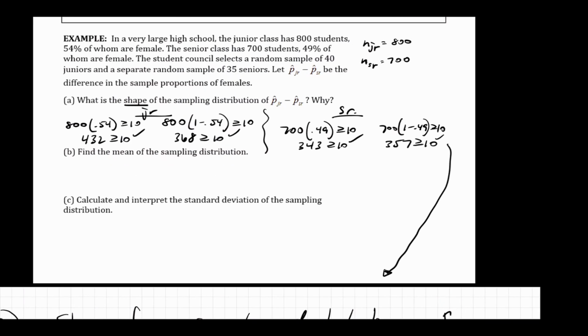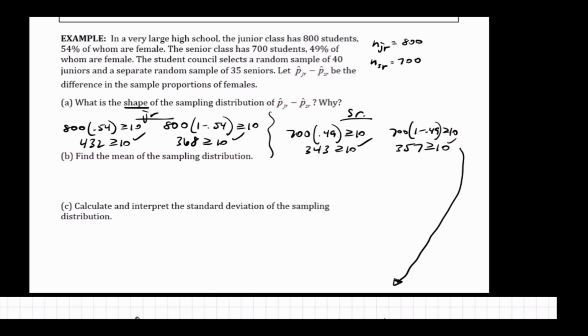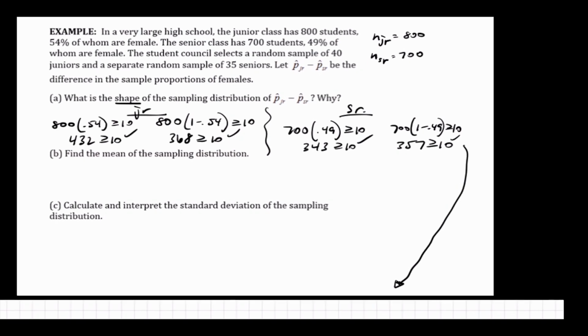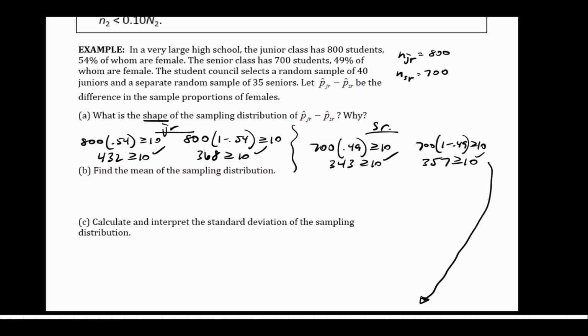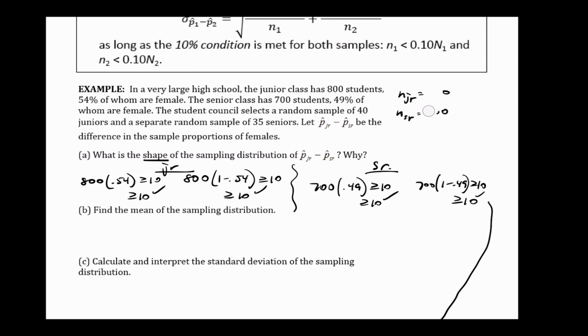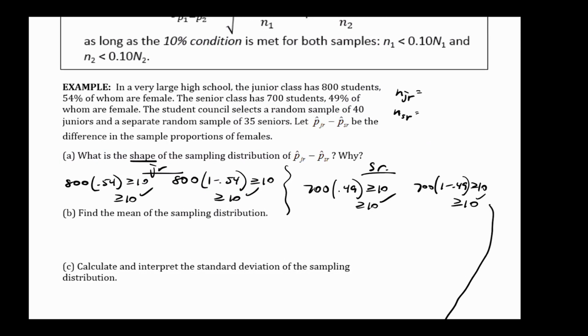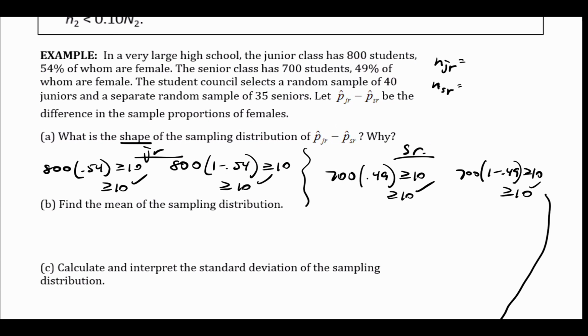Let's see. The sample sizes are 40 and 35. Oh yeah, you're right. No, that's right. I did it wrong. I put the total number. I put big N. I needed to put little n. So it wouldn't be 800. Yeah, that's a big mistake.